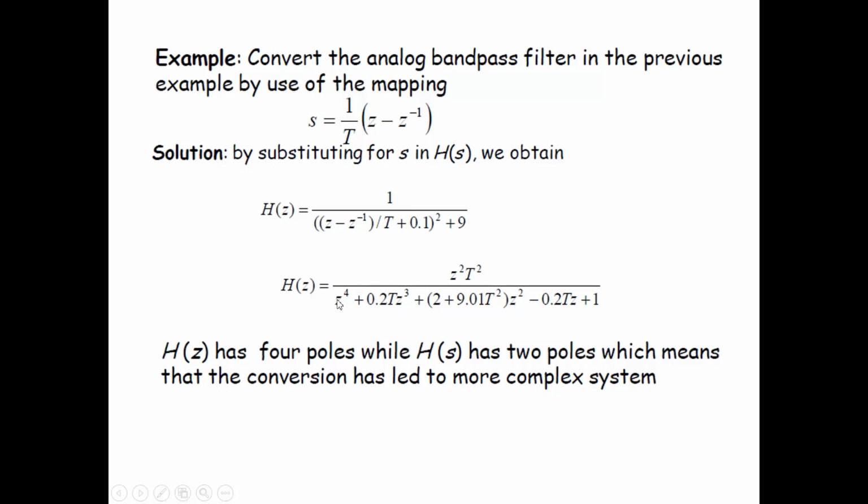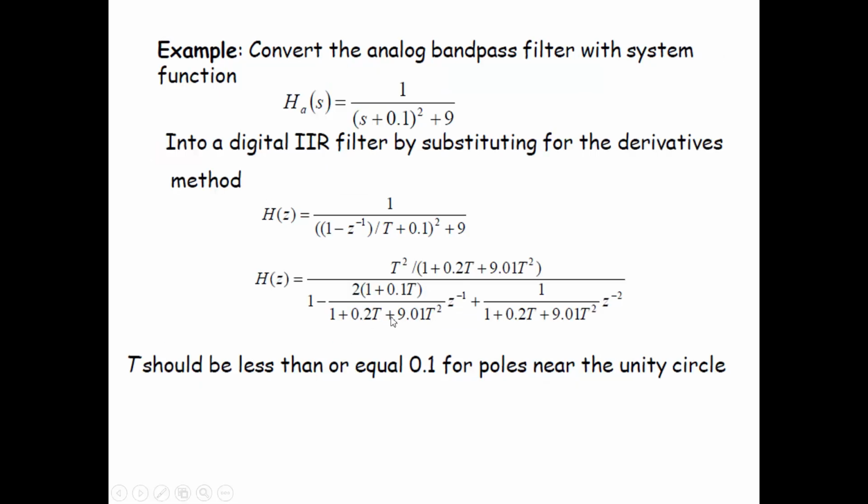Now if you factorize the denominator, if you find the roots of the denominator polynomial, you will see that H(z) has 4 poles while H(s) has 2 poles, which means that this mapping has led to a more complex system. Whereas in the earlier case, if you take the roots of the characteristic equation formed by the denominator polynomial, you will see that there are only 2 poles, so the complexity remains the same.